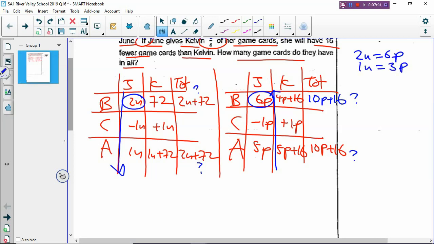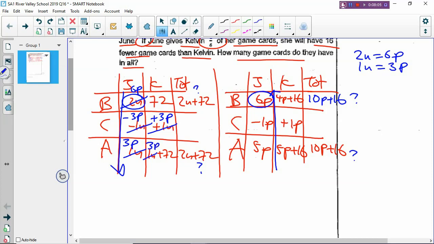If 1 unit is 3 parts, let's change everything into parts. So 2 units will be 6 parts, and minus 1 unit will be minus 3 parts, and June will have 3 parts left. This plus 1 unit becomes plus 3 parts, and this 1 unit will become 3 parts.